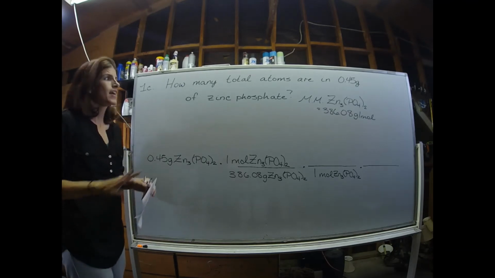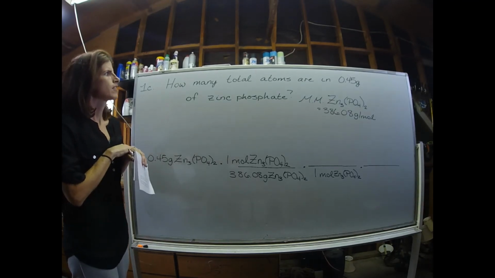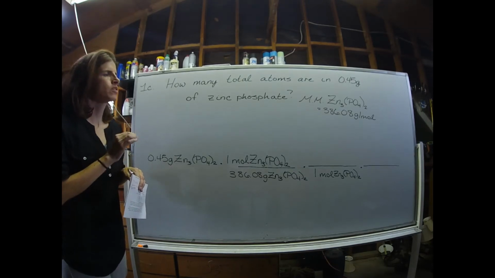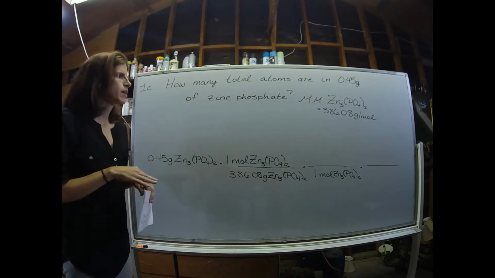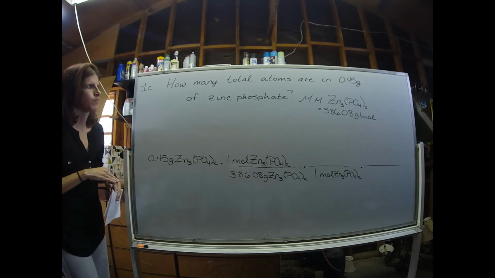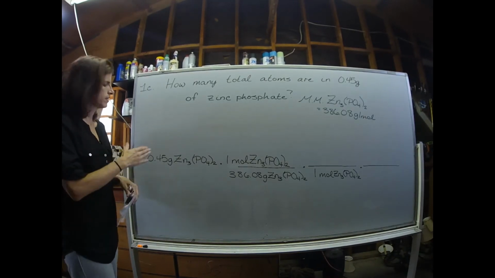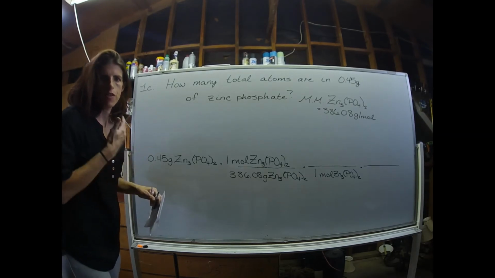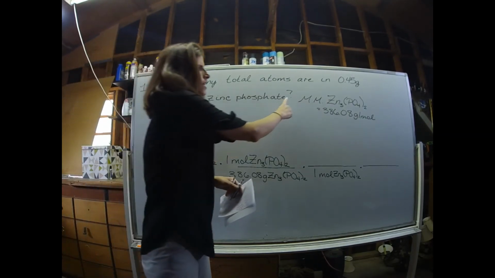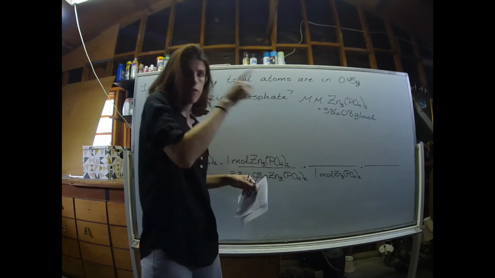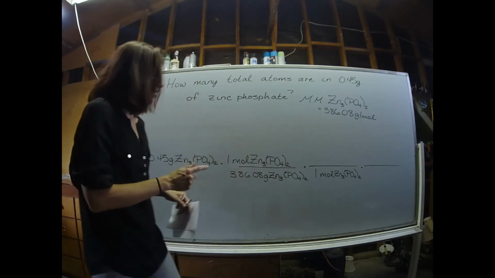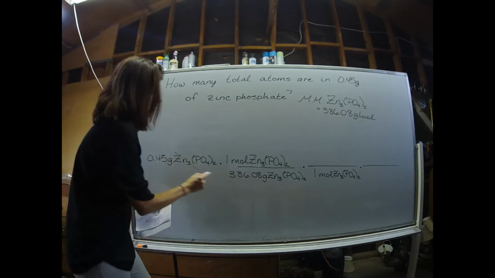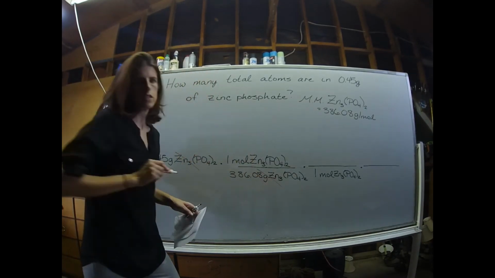Letter C is pretty challenging. They're asking us to calculate the total number of atoms in a 0.45 gram sample of zinc phosphate. So because they gave me the mass of zinc phosphate, the first thing I did was calculate the molar mass of zinc phosphate, the whole thing, and use that as a conversion factor to get to moles of zinc phosphate.